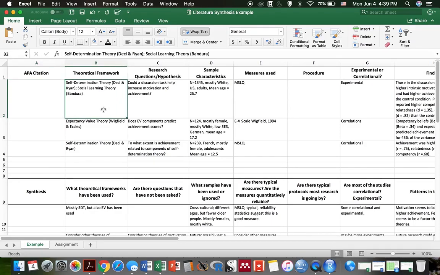Now, the theoretical framework, I think I've mentioned this before, is going to be in the literature review, and it's basically just going to talk about where the study's coming from. Like, are they posing the study based on self-determination theory? Here I have expectancy value theory, and here's another one on self-determination theory.